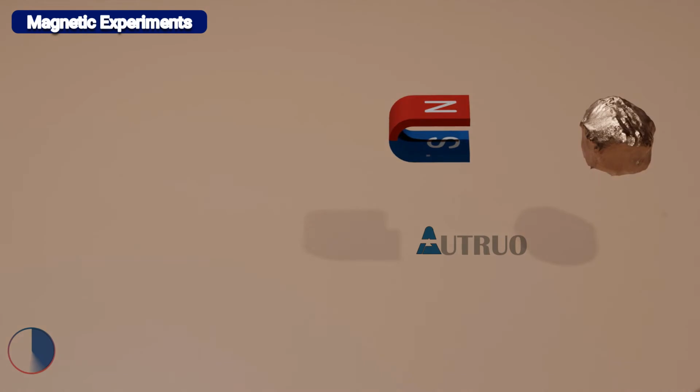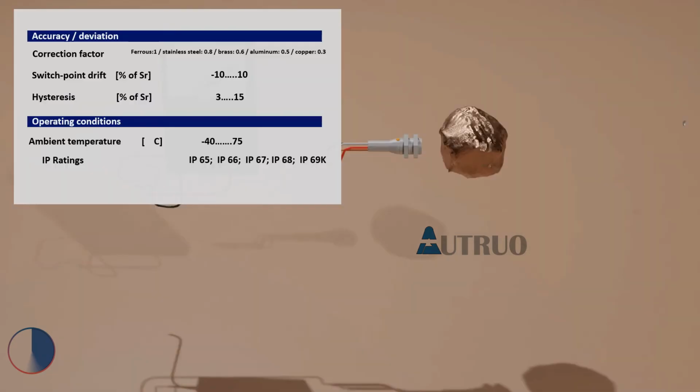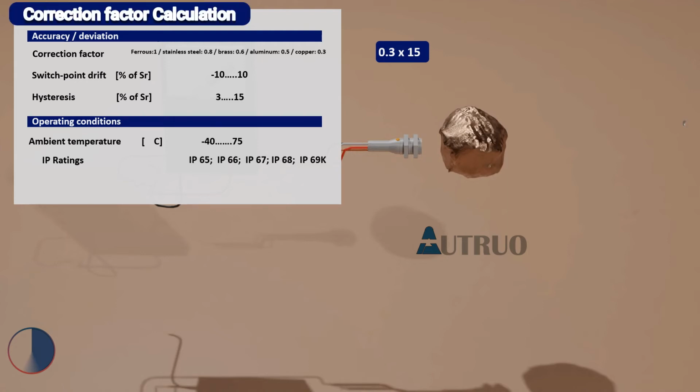Now that we have been able to detect ferrous and non-ferrous metals, the correction factor for the following materials can be determined as follows. For copper, the correction factor for this metal is 0.3. We will multiply it with the normal sensing distance for the sensor. The sensing distance is 4.5 mm.